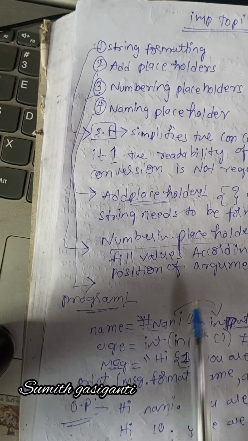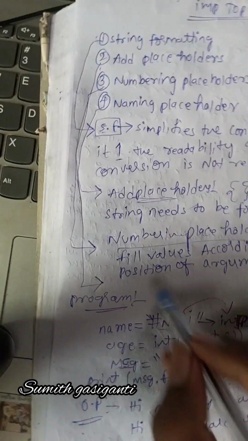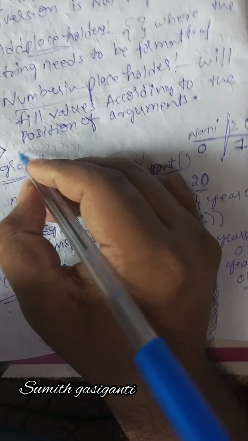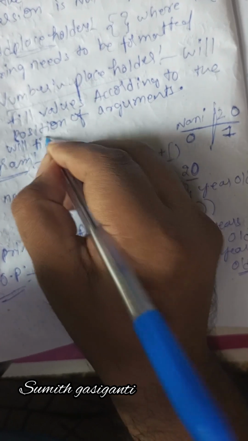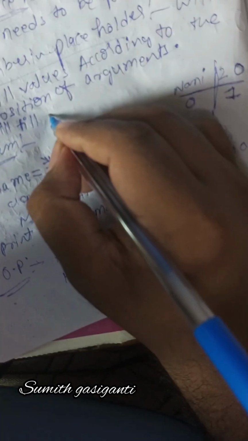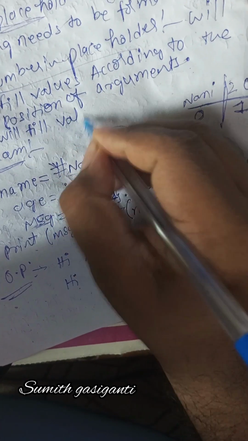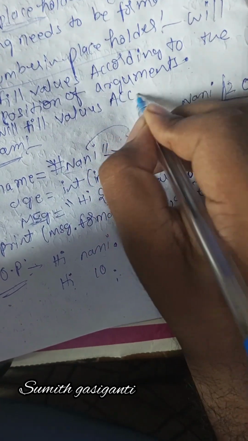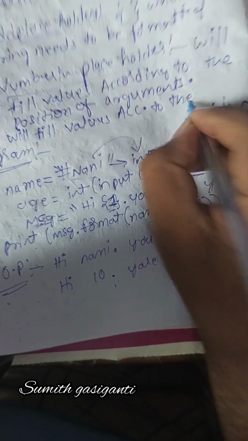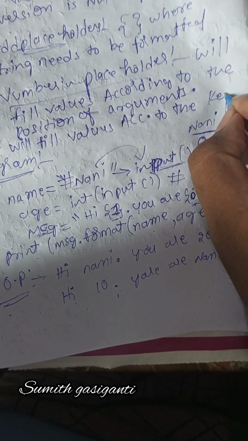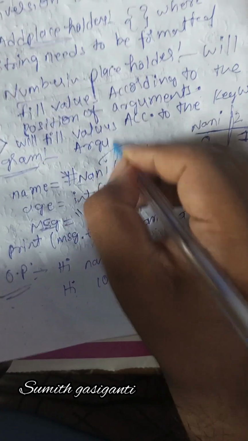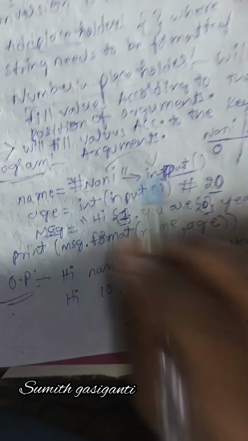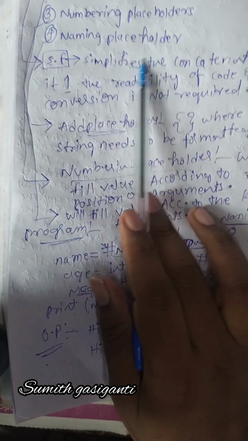Naming placeholder will fill values according to the keyword arguments. It is also the same. This is about the naming placeholders.